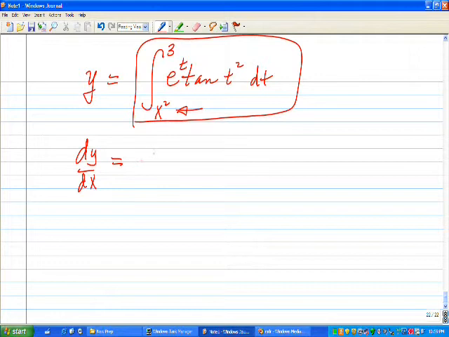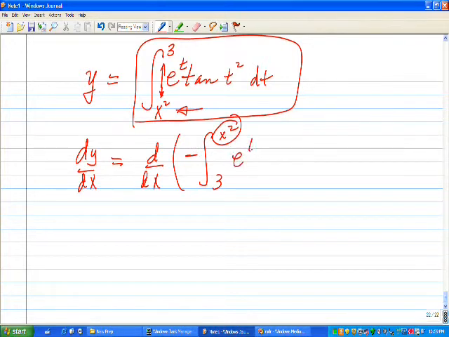So you need to write this first as dy dx is equal to d dx of minus the integral from 3 to x squared. You need to flip the upper and the lower so that you have the variable at the top. When you do that, you know you have to take the negative of the integral of e to the t tangent of t squared dt.